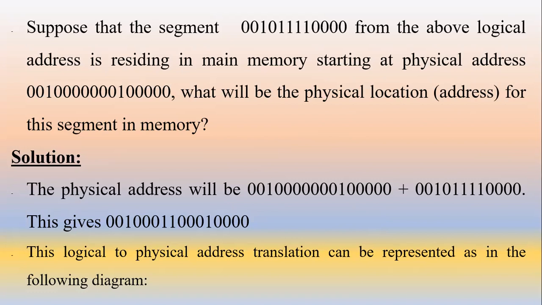For us to get this physical address, we get the first address and then add it to the second address.